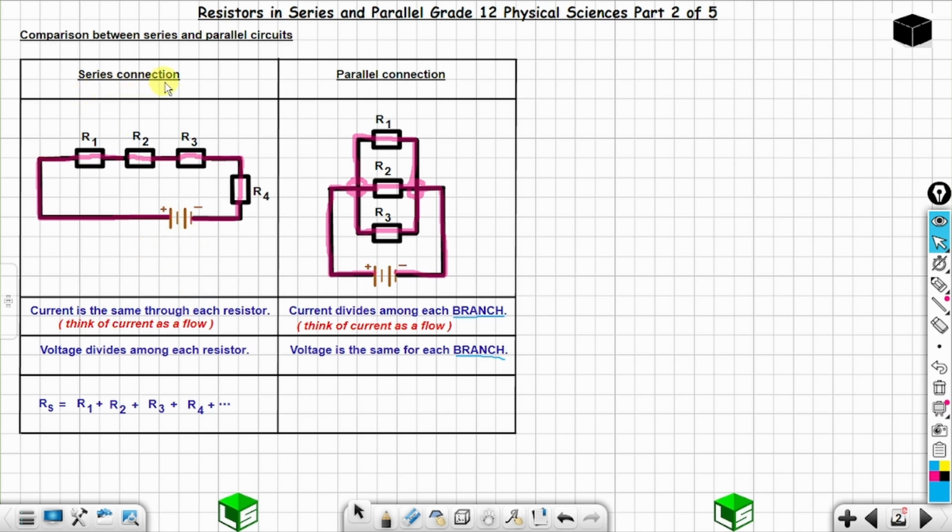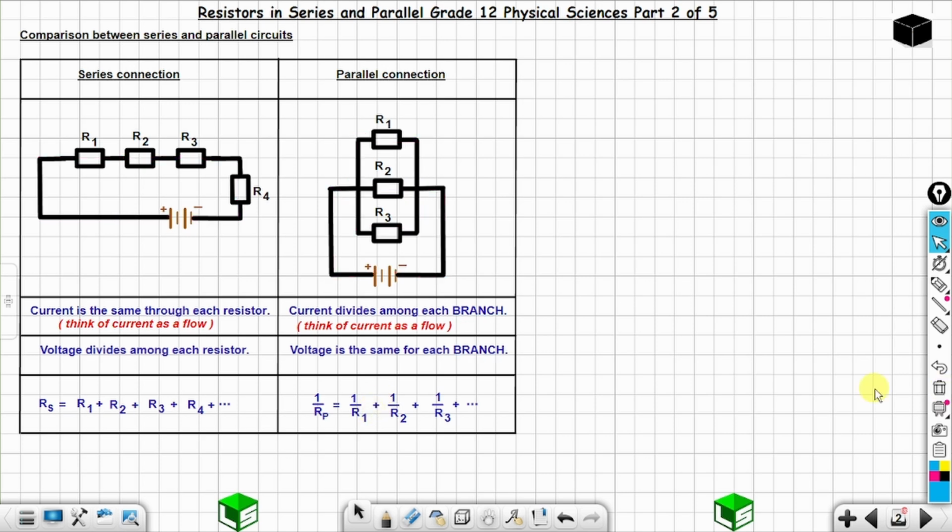For a parallel connection, the total resistance uses this formula: 1 over Rp, Rp for resistance in parallel, equals 1 over R1 plus 1 over R2 plus 1 over R3 and so on, depending on how many resistors you have.